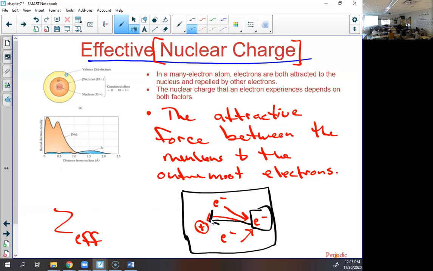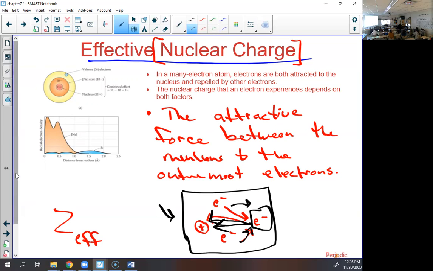It's a balance between two things: how hard it's being pulled towards the nucleus because of the opposite charges, and how much it's being pushed away by other electrons. So the effective nuclear charge is based on two things: attraction to the nucleus and repulsion from other electrons.